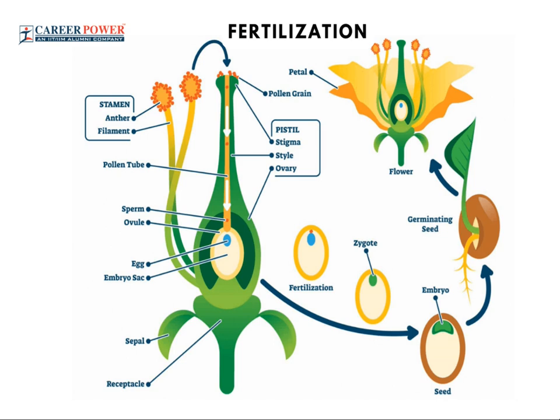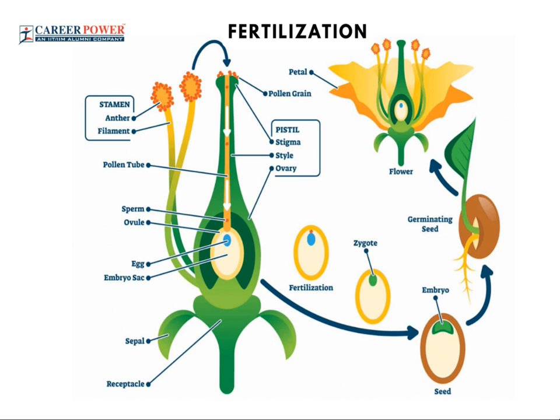Now, talking about fertilization, soon after pollination is over, when the pollen is transferred to the stigma, a very temporary tube called the pollen tube develops from the stigma to the ovary, to the ovules inside. This pollen tube carries the male gamete to the ovary. The ovary contains the ovule, which is the female gamete, which fuses with the male gamete and produces a zygote.